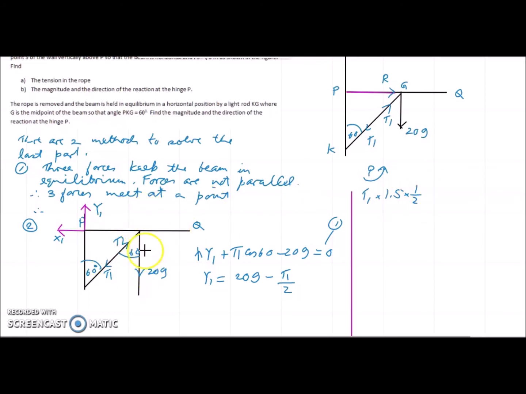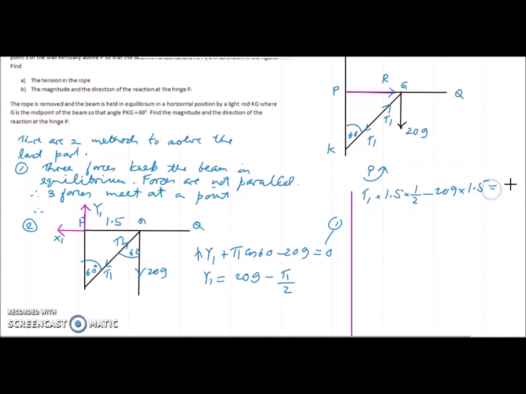What is the moment of 20g? The moment of 20g is 20g into this length, which is 1.5 meters. That is minus 20g into 1.5.